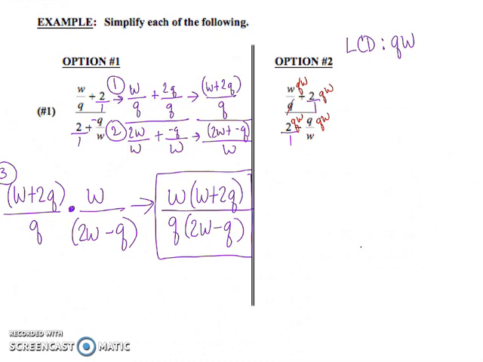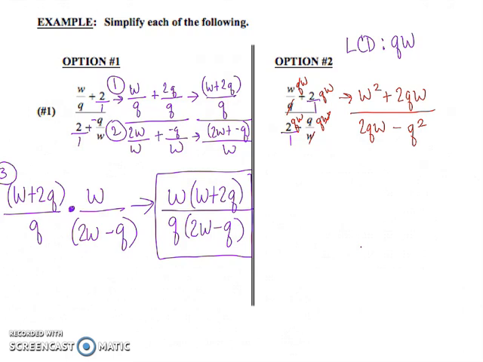So I can cancel that q with that q, and I end up with w times w, which is w squared, plus 2qw. That's my numerator right now. Downstairs, I'm going to have 2 times q times w, so that's going to be 2qw minus, here I get to cancel my w, so I have q times q, which is q squared.